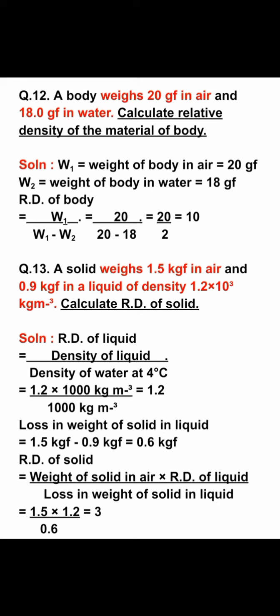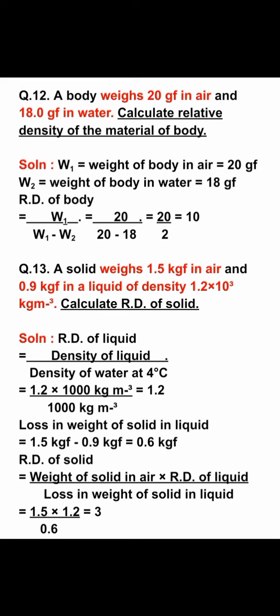It's 1.5 kgf, which is the weight in air, and 0.9 kgf, which is the weight in liquid. So their difference, 0.6 kgf, is the weight loss of the solid in liquid. So the relative density of the solid equals, the formula is, the weight of the solid in air into the relative density of liquid divided by the loss in weight of the solid in liquid.